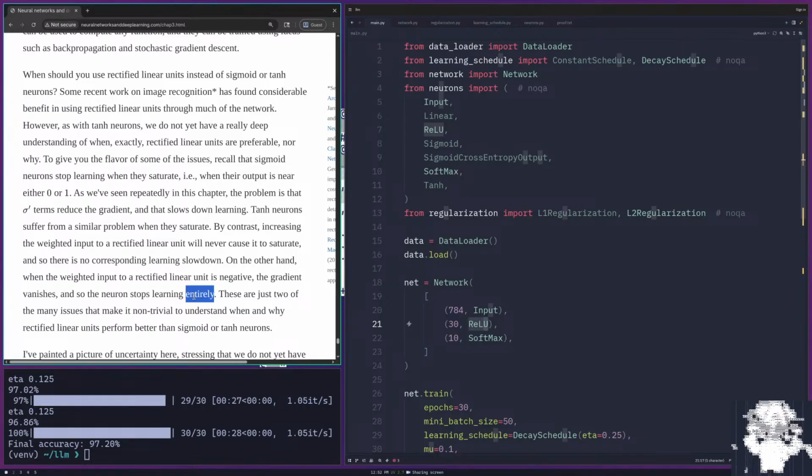Or is our momentum and our... well, momentum won't save them. Momentum won't bring them back to life because it'll only push them farther negative.